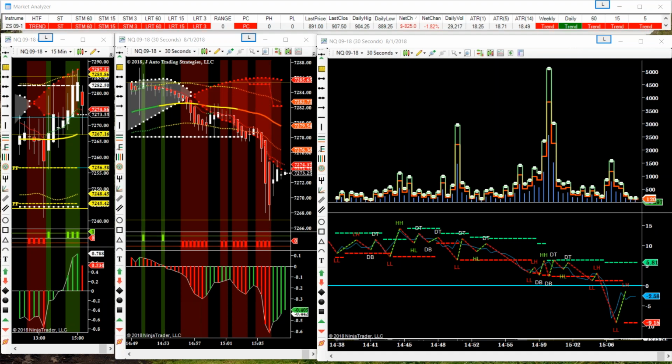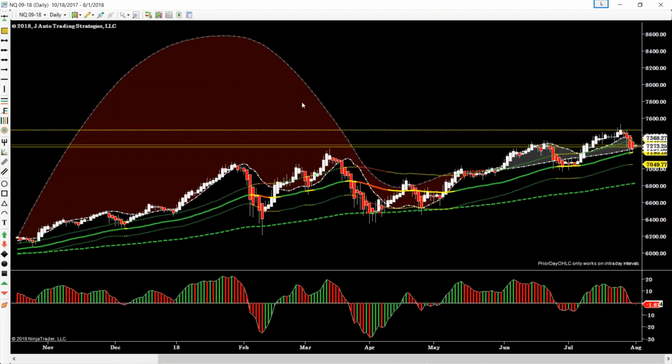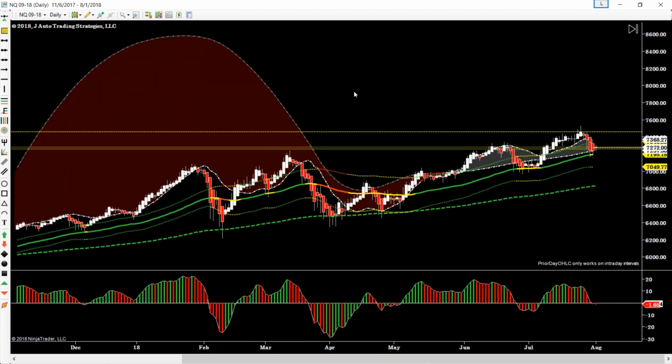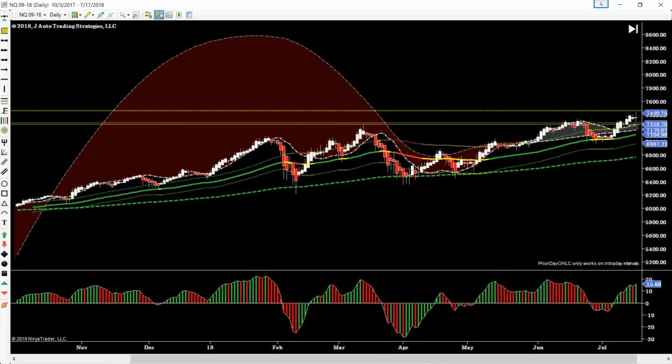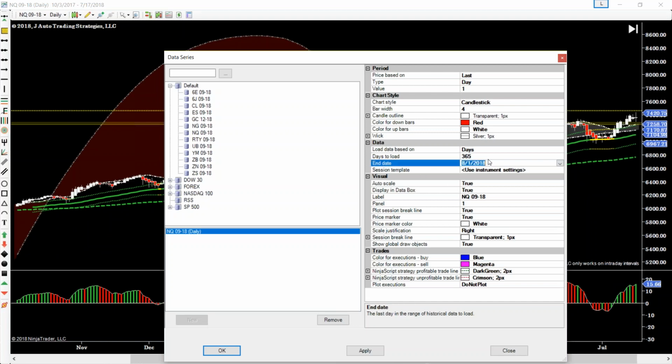Take a look at a daily chart real quick. When this indicator can't calculate, you need to add double the amount of days.